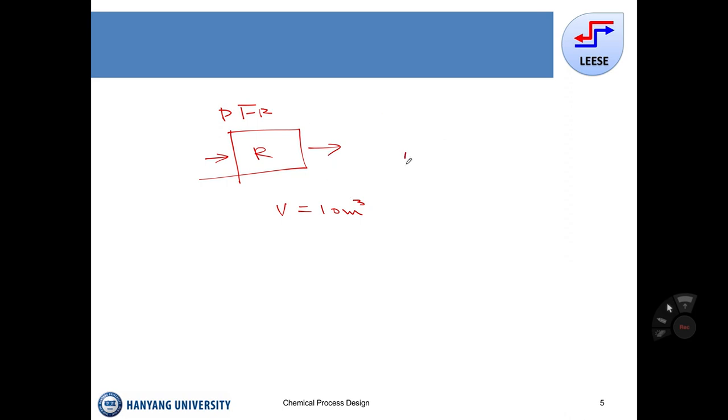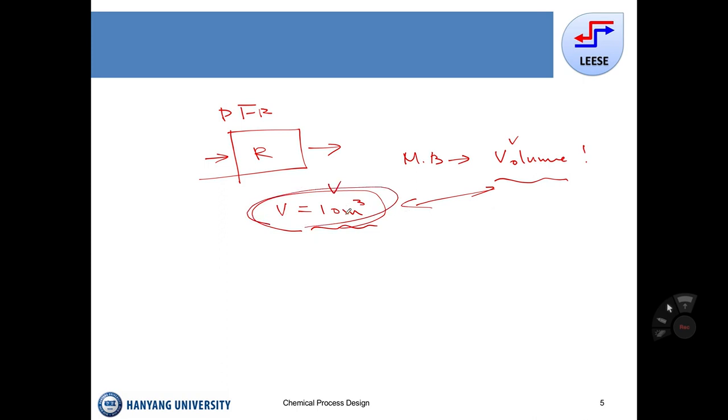Then you can set up the mass balance, then calculate the volume. Then, based on the volume you have, your suggestion of 10 cubic meters can be compared. Then you can say whether your suggested size of the reactor is feasible in terms of the calculation you have from, let's say, the mass balance. Okay.